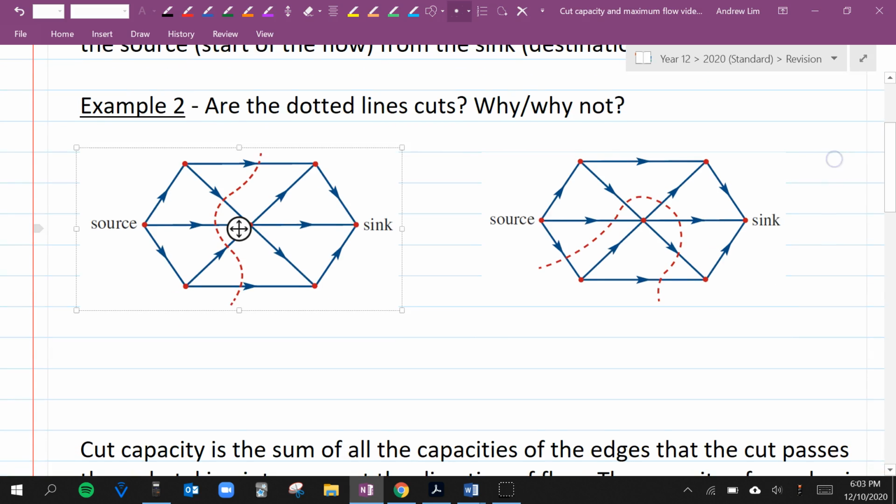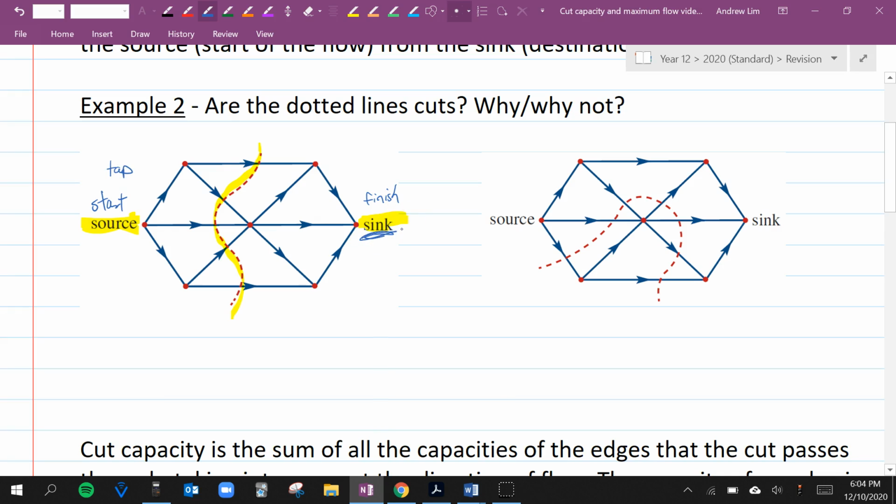Why or why not? So here in the very first example, here's our cut, and we can see it completely separates the source from the sink, the start from the finish. If you want to think about it like that, the source is the start, the sink is the finish. Just imagine the source is a tap, and the water flows all the way to the sink.